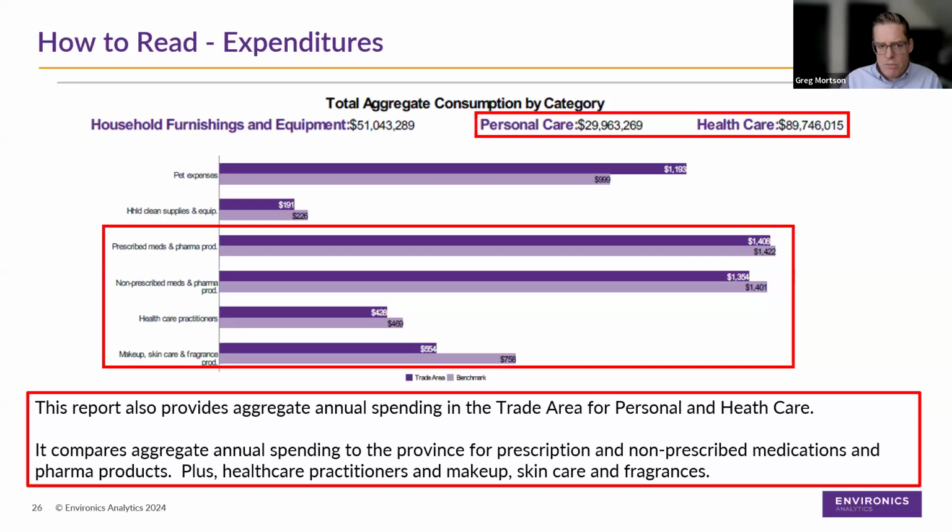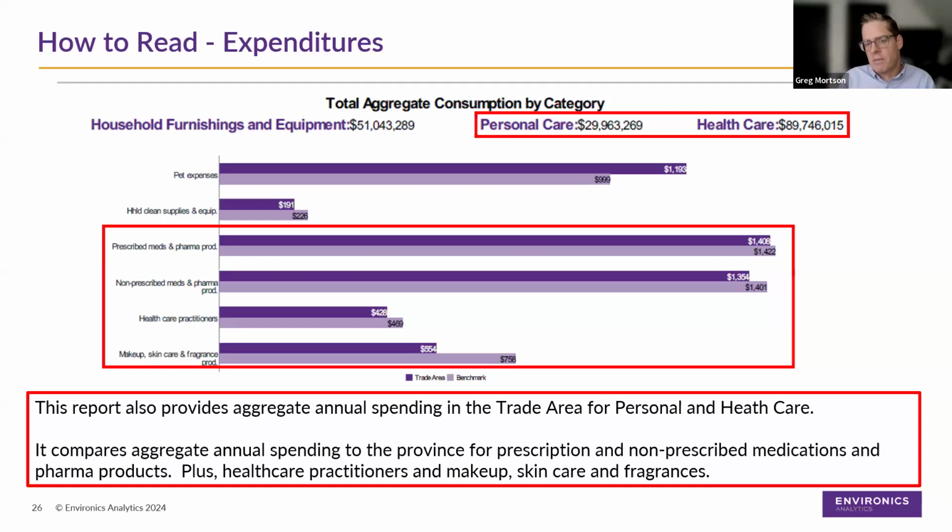We have categories around prescription medications and pharmaceutical products, non-prescription, healthcare practitioners, as well as makeup, skincare, and fragrance products. These bar charts show the average annual spend per household compared to the provincial average. So the dark bar is our trade area that our business is in.